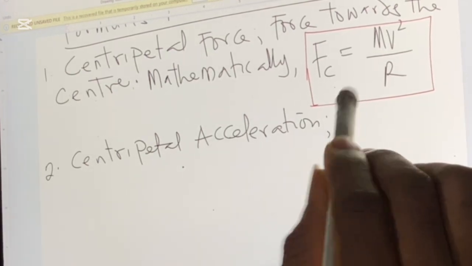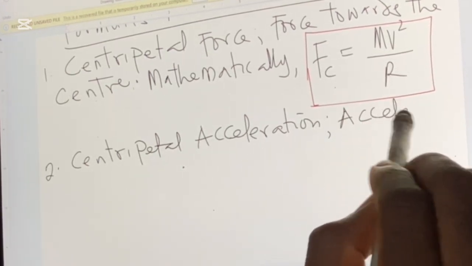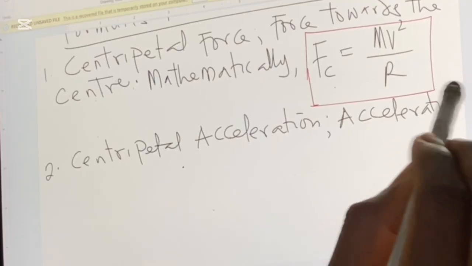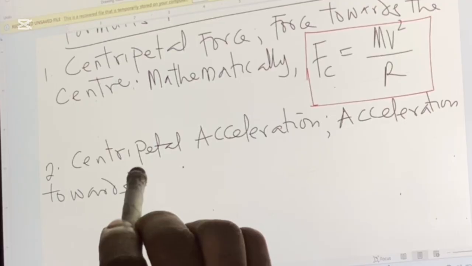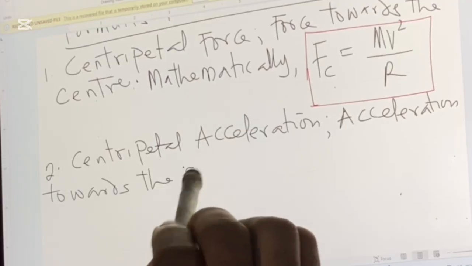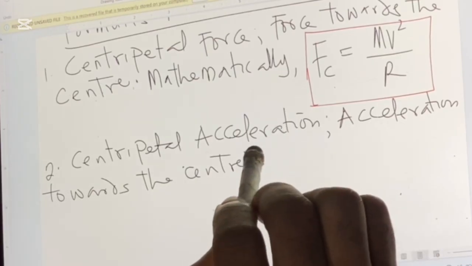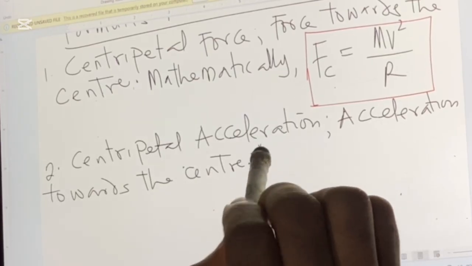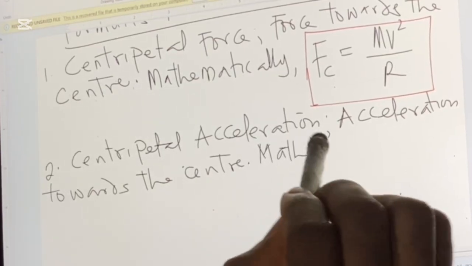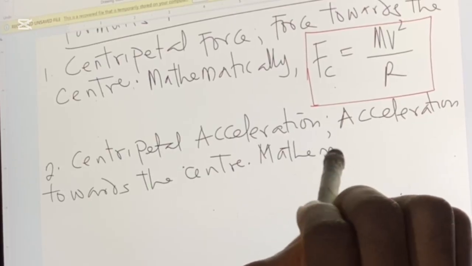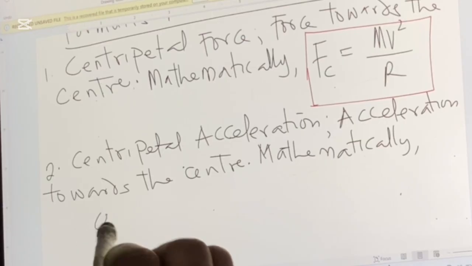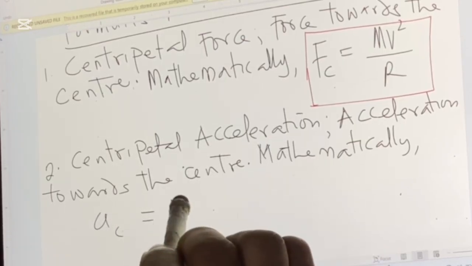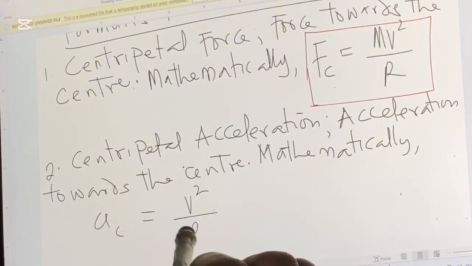Acceleration towards the center. Please take notes. And mathematically, Ac is equal to v squared over r.